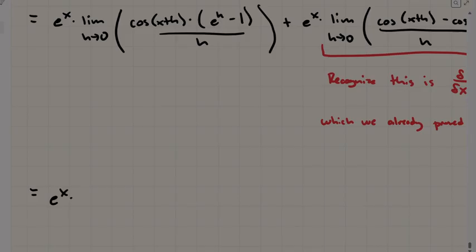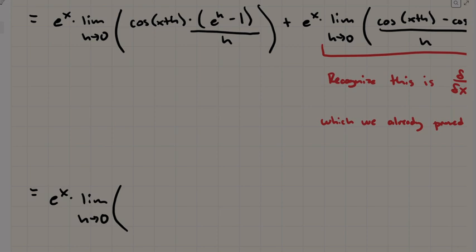All right, so what do we got? We got e to the x, limit as h approaches 0 of... Also, by the way, if we're looking at this first limit term, we've got these two functions multiplied together, and we can go ahead and split that as two separate limits as well.